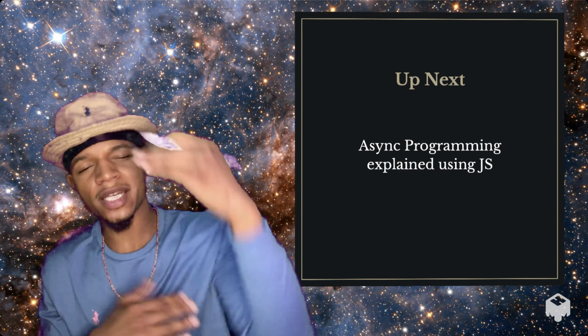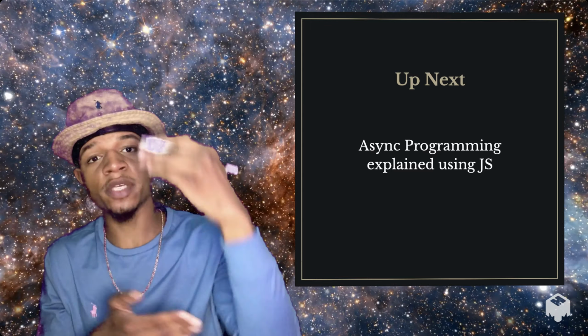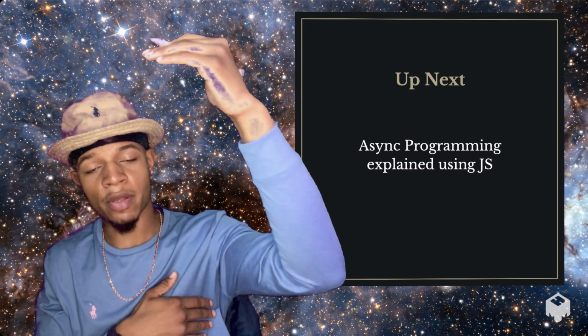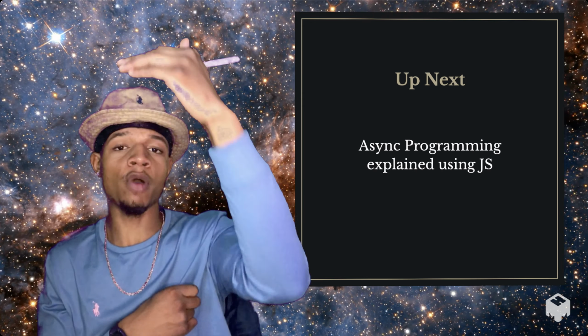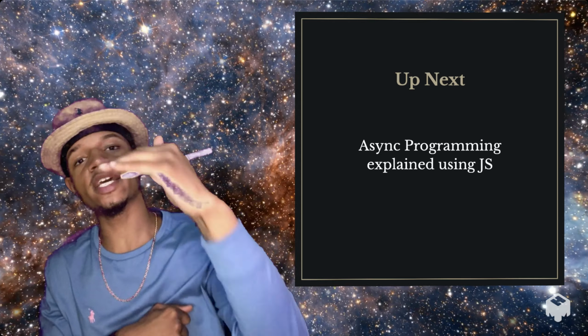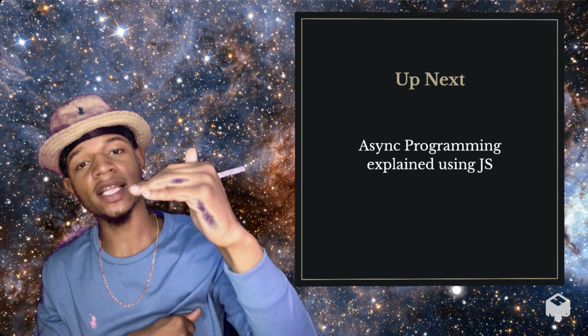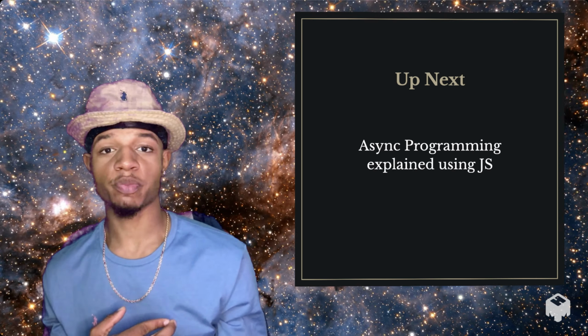And 9 times out of 10, you're writing synchronous instructions, meaning the instructions happen one after the other. So 1+1 is gonna happen, and after 1+1 finishes, the next line happens, and after that line finishes, then the next line happens. That's what synchronous programming is.